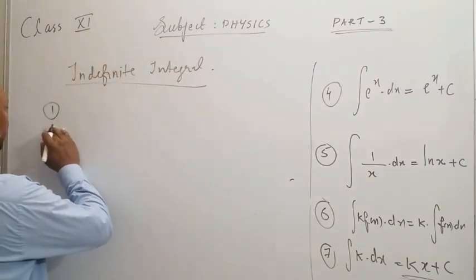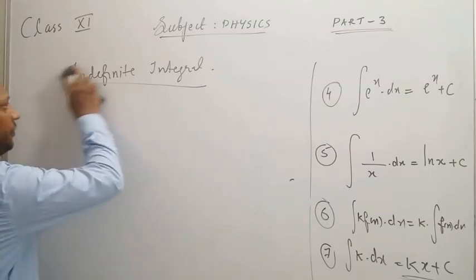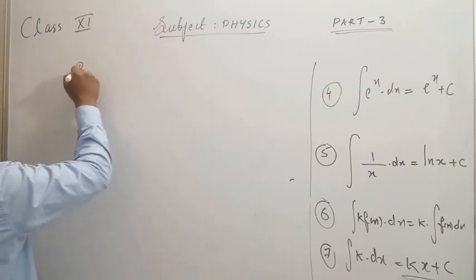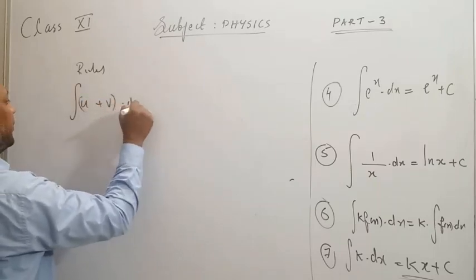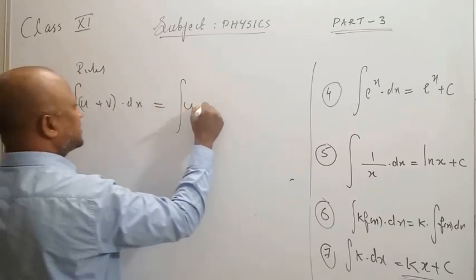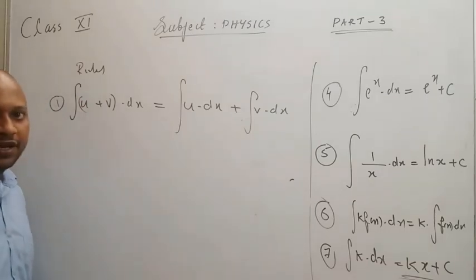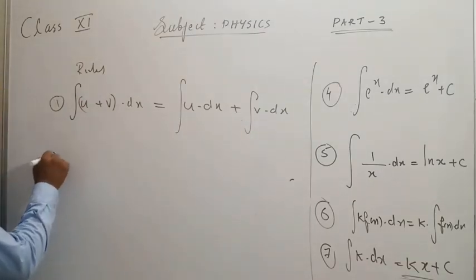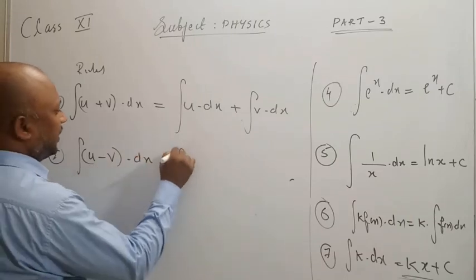Let me write the rules first, that would be better. So integration of u plus v, we can simply go for integration of u dx plus integration of v dx. And integration of u minus v, you can separately integrate both.